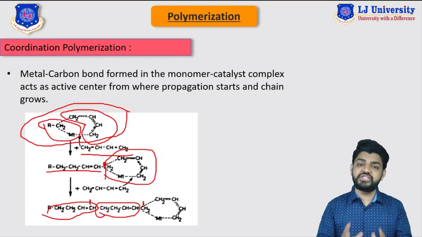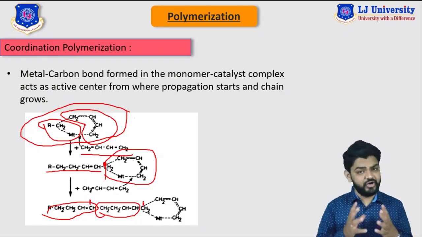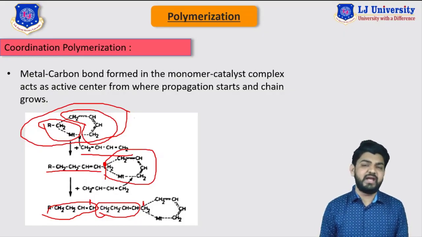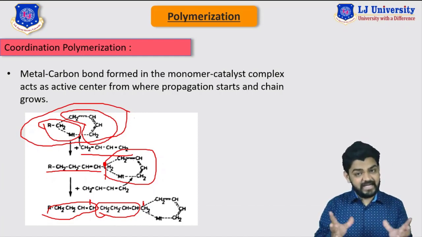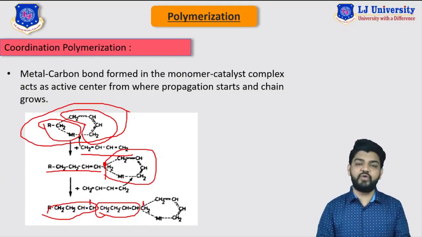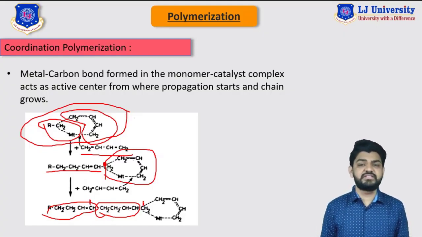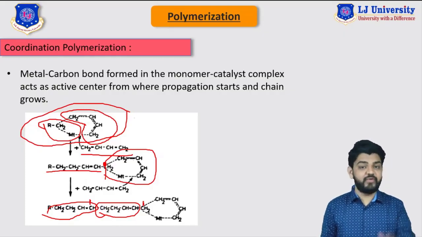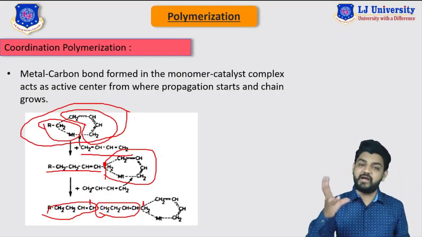This coordination polymerization is again important from the exam point of view. It is basically all about the catalyst. The catalyst that we are using here is the heart of this polymerization, which is a complex mixture of one organometallic compound and monomer.